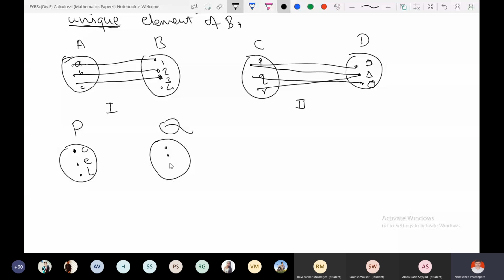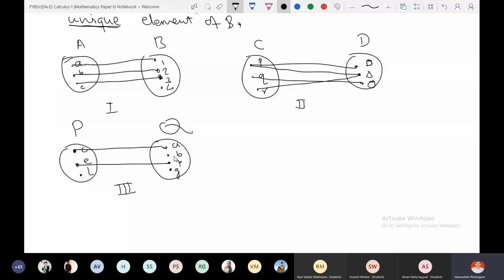Suppose I have here some apple, banana, pomegranate, and some guava. Whatever fruits, doesn't matter. Now I will relate this with this, with this. Third situation. Okay, so all these are relations now.